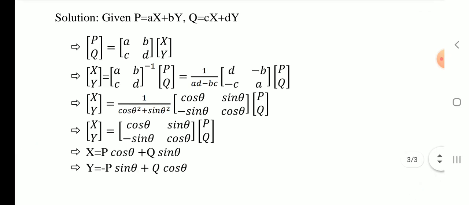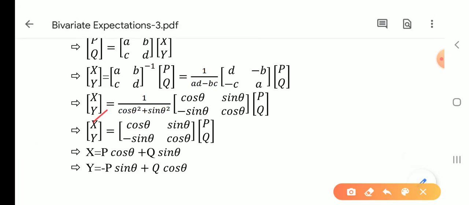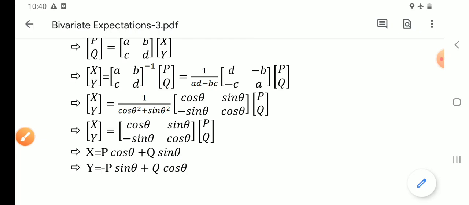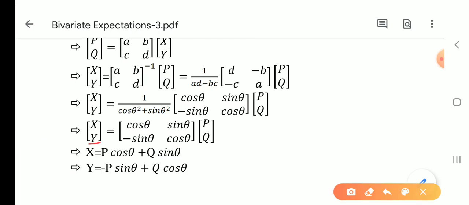Now to obtain the value of X, we will multiply the first row with the column here. That is P cos theta plus Q sin theta. The value of X is P cos theta plus Q sin theta, and the value of Y is obtained by multiplying the second row with the column.